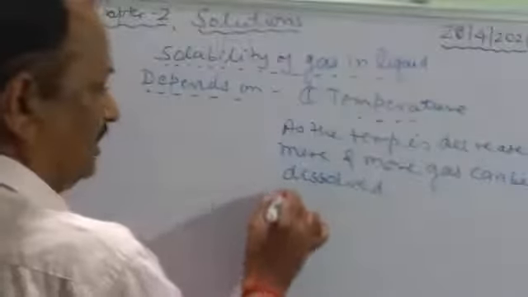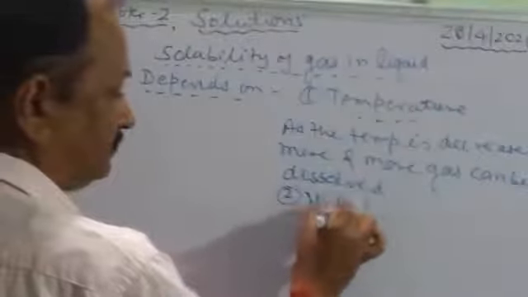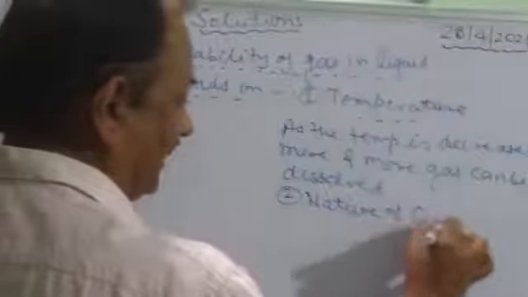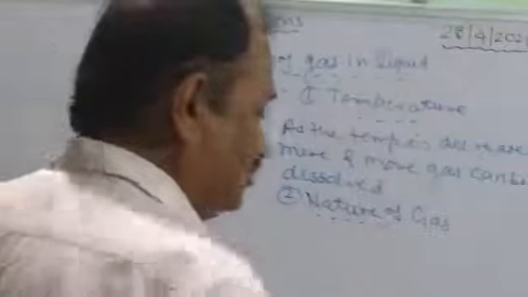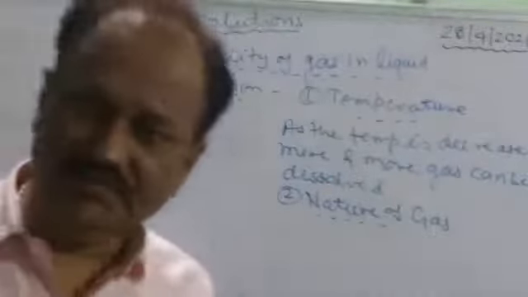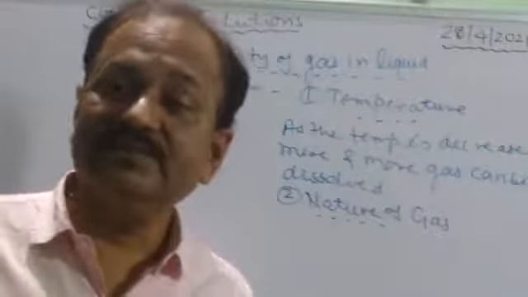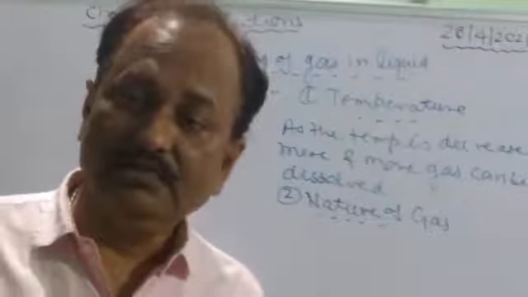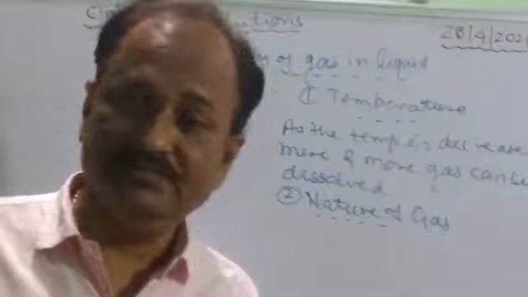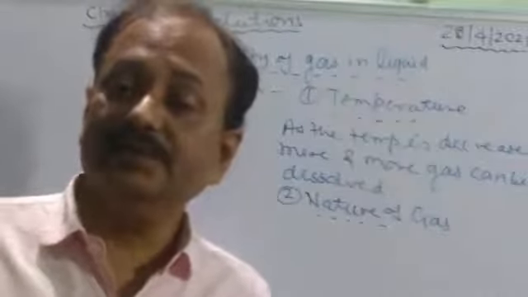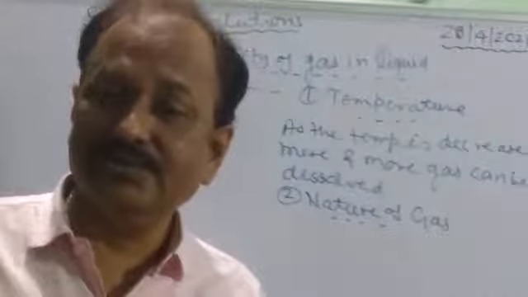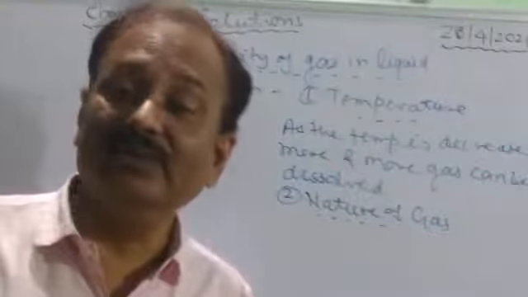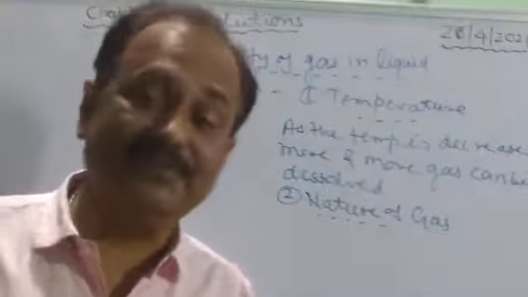Now the second point is the nature of gas. Nature of gas is also an important point. As you know, all the gases are not equally soluble in any particular solvent. This depends on the nature, the ability of a gas to get dissolved, and the molecules are held together by some attractive forces.